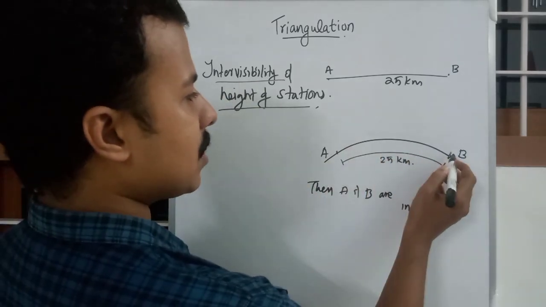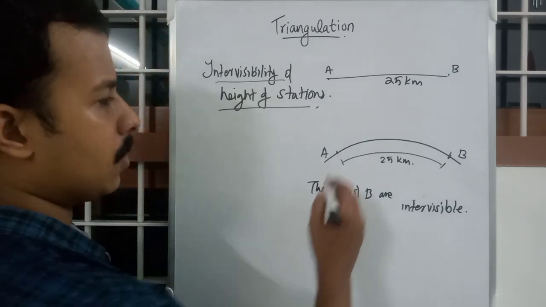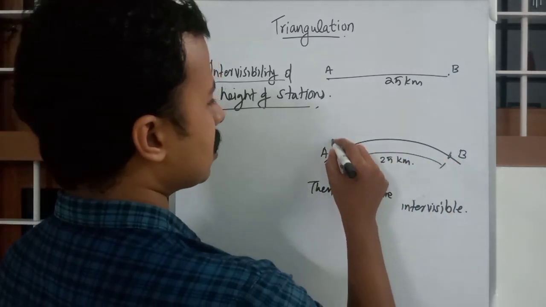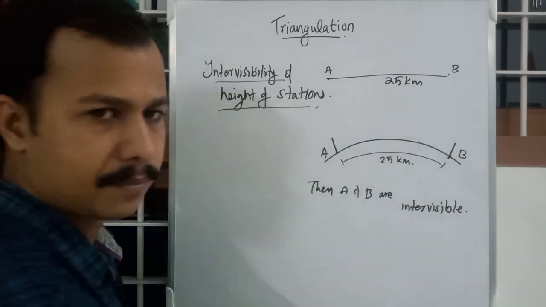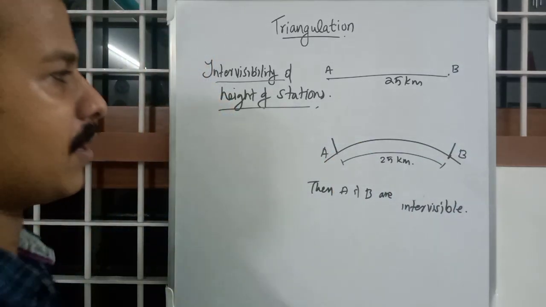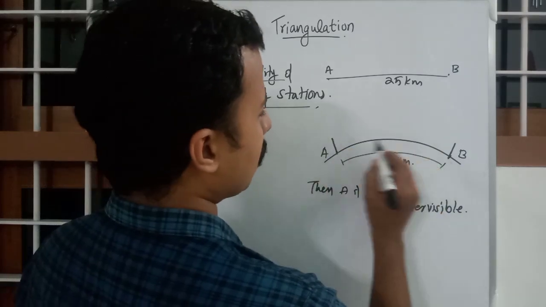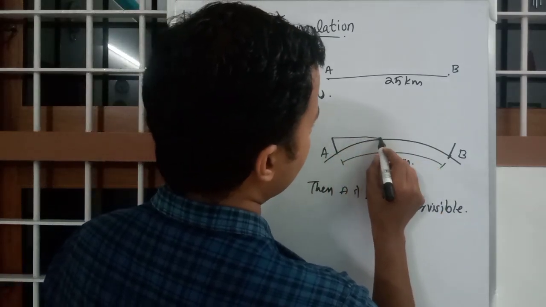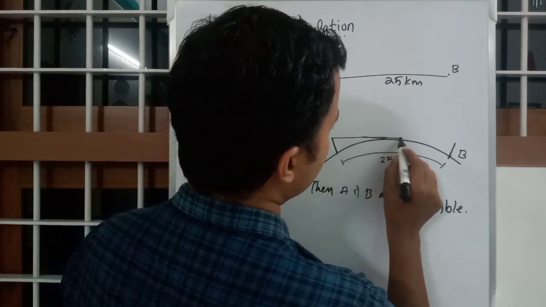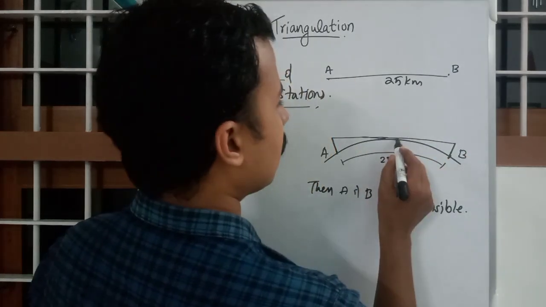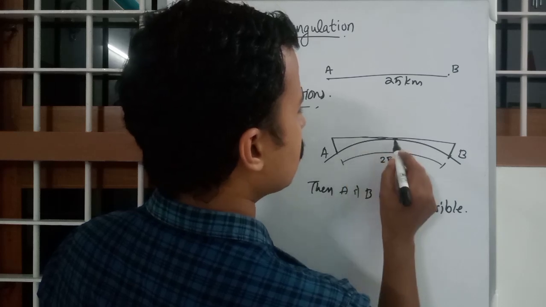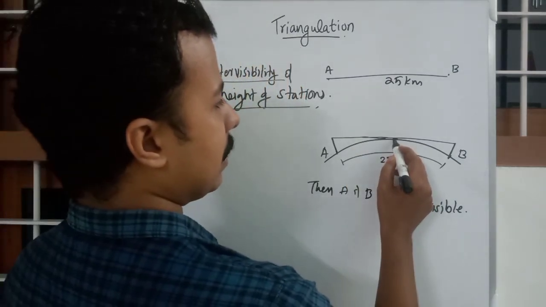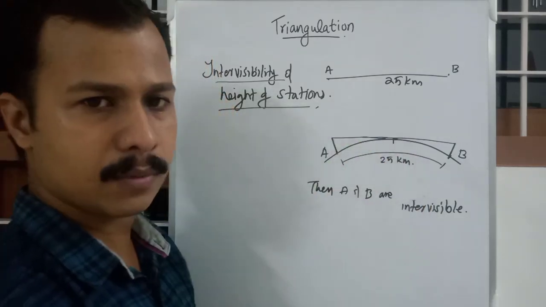Can A be seen from B, or B be seen from A? For that, how much distance is the minimum requirement? All the calculation will be based on this minimum requirement. That is, when this imaginary line of sight passes like this, it touches approximately the center point, just grazing the ground.